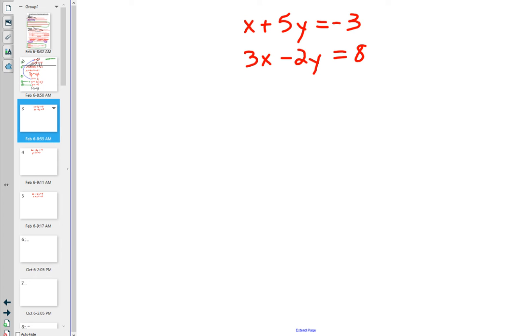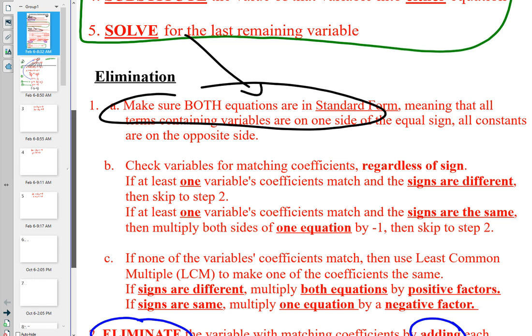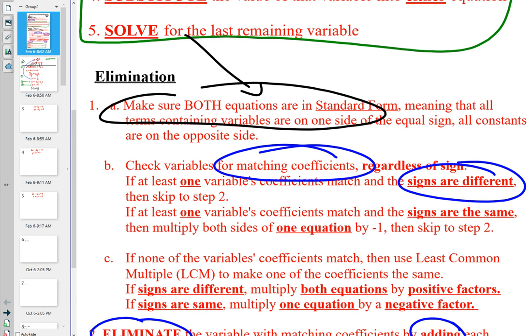Now, in order to use elimination, it's more than just standard form. We also need matching coefficients and different signs. What's a coefficient? Yeah, good.